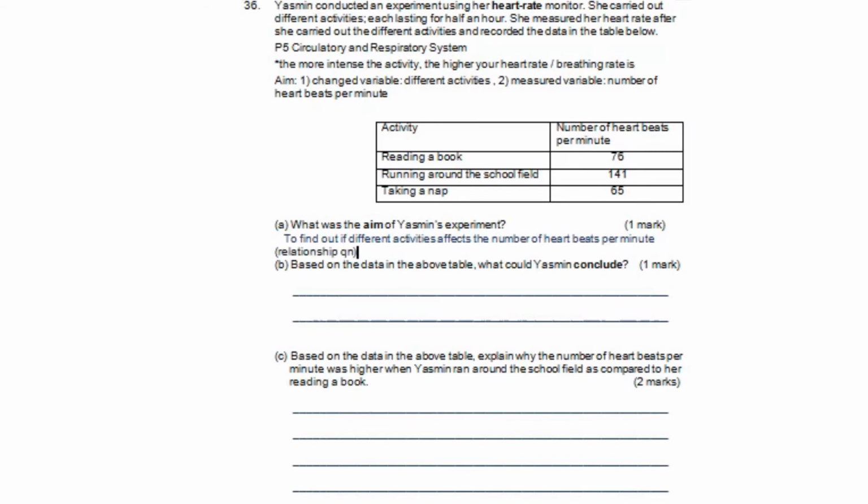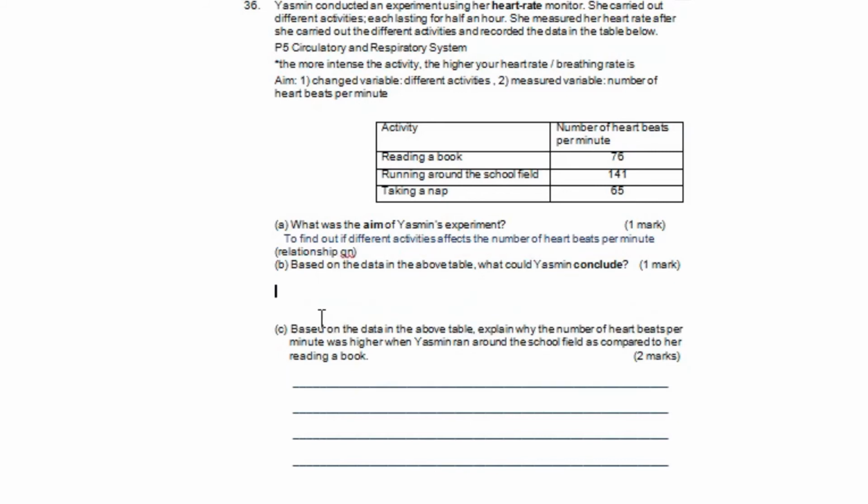A relationship question is always like "the higher the something, the better the something", right? So there is always a comparative adjective. Now, always take a look at the aim. It is the effect of the different activity. So it's a relationship question. We look at the aim and craft out our conclusion. You just have to add the comparative adjective in front of the variable: different activities, right?